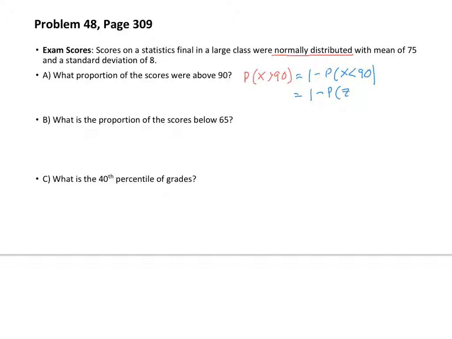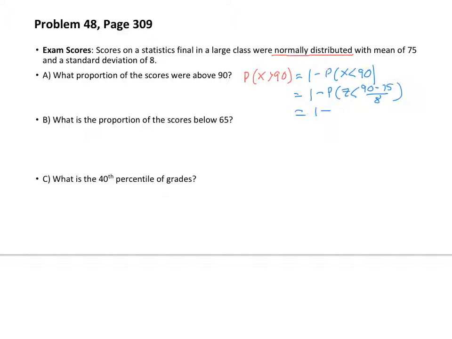So when we do that, we get 90 minus 75 divided by 8, and when we do the calculation we get 1 minus, and then we look it up on the actual table.